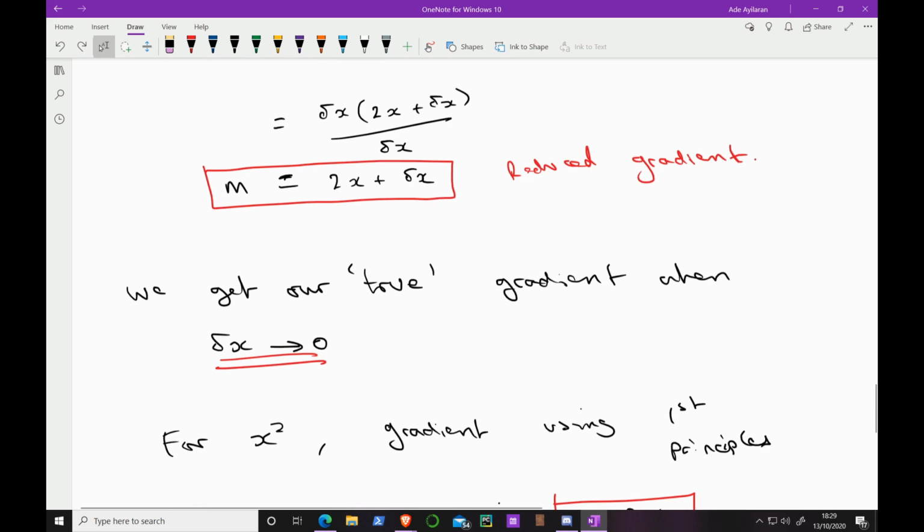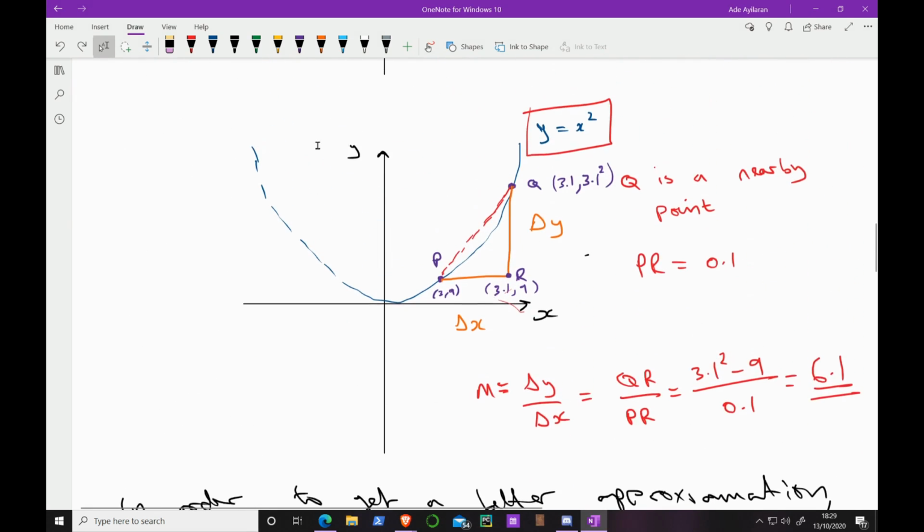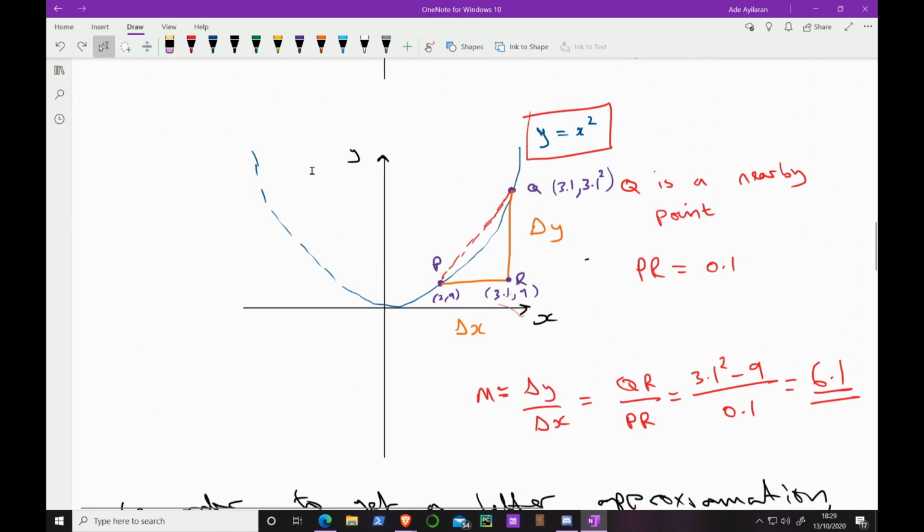And it's based upon using straight lines. To find the gradient at any point along this curve, you are basically drawing a whole bunch of straight lines. I'm drawing straight line tangents, by the way.